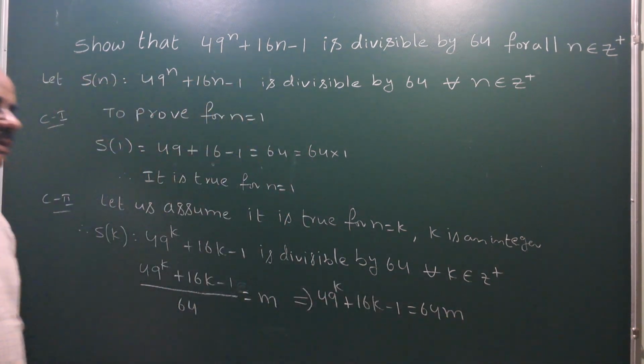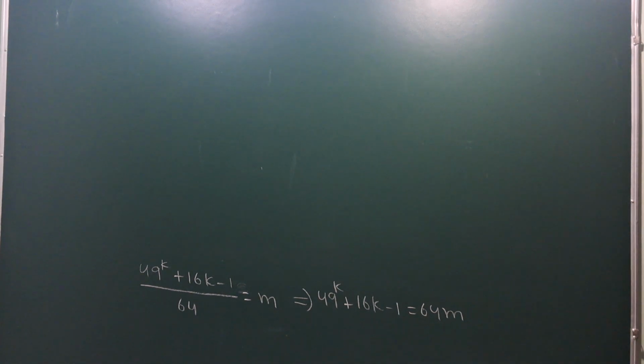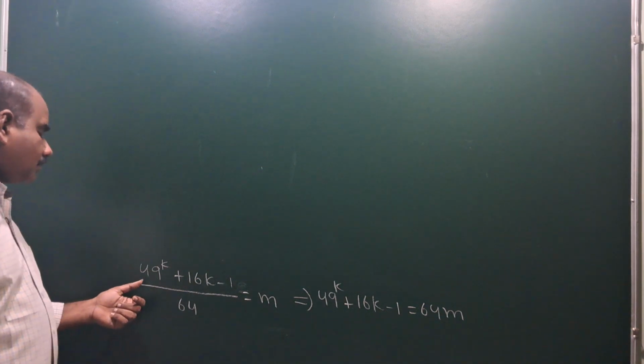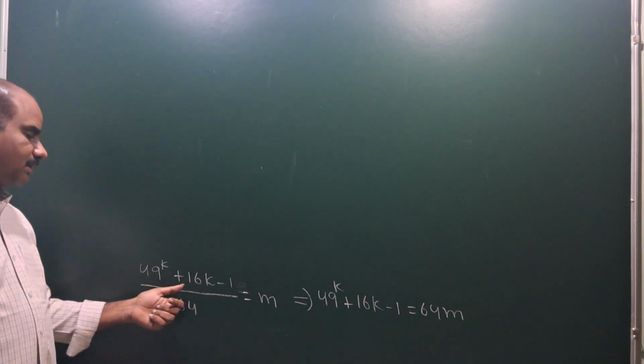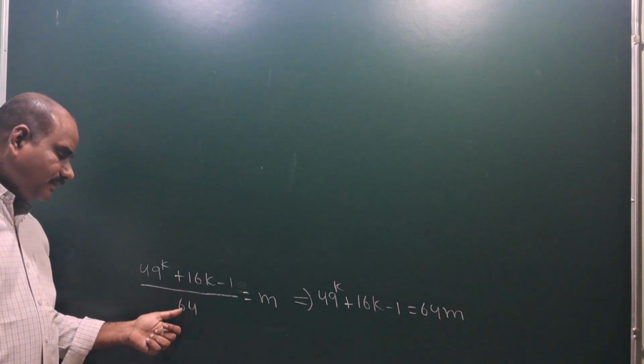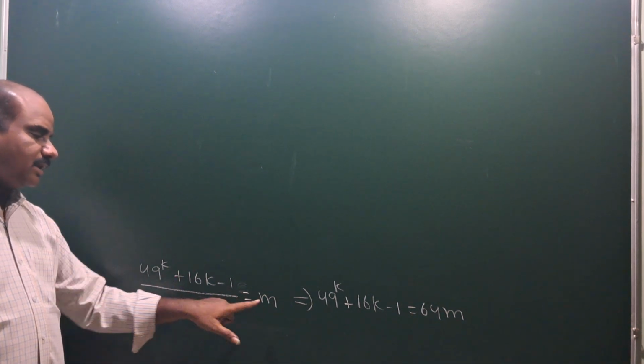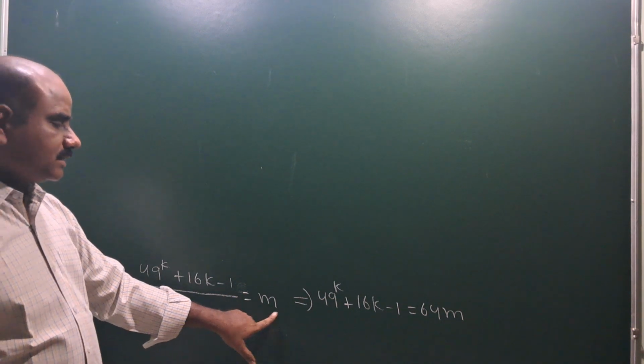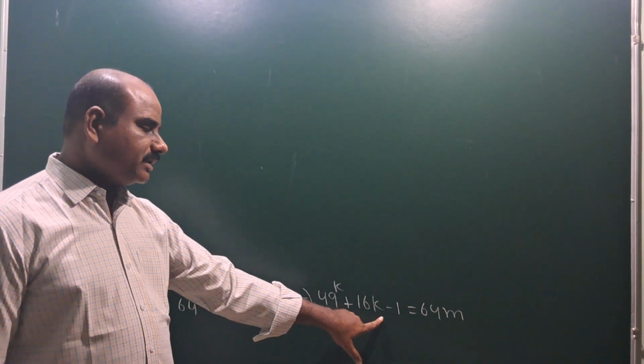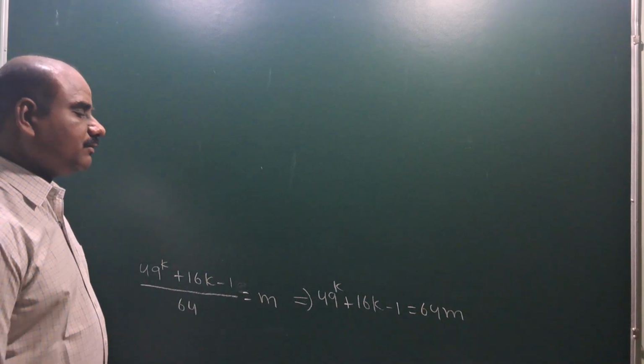Okay. So let us see the continuation. We have assumed 49 power k plus 16k minus 1 is divisible by 64 for m times, and we can write it as 49 power k plus 16k minus 1 is equal to 64m.